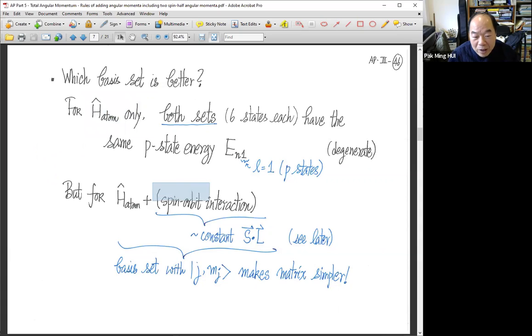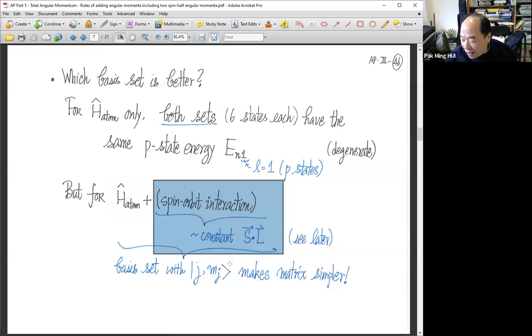However, when we have spin-orbit interaction, we are playing with the simple Hamiltonian plus something. And this particular something is of this form. You have an S dot L term. This is how spin and orbital angular momentum become coupled, interact. They dot into each other, all right? Now, immediately you see something very troublesome.